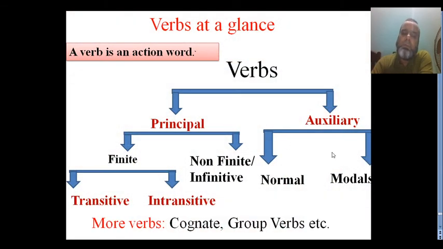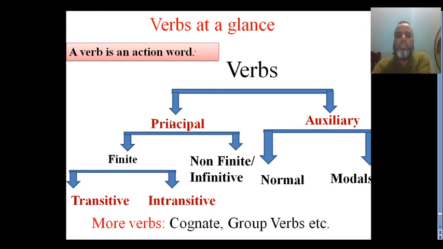So there is a diagram here. If we think about verbs at a glance, a verb is an action word. The verbs are divided into two groups here, principal and auxiliary.